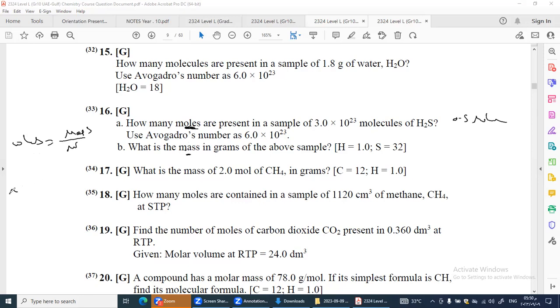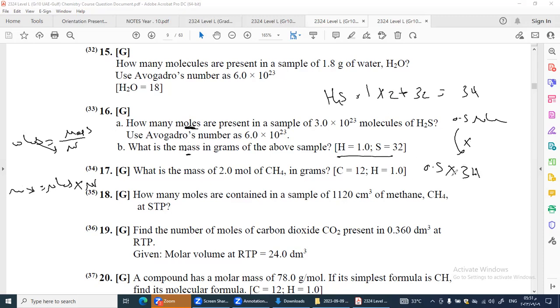So mass is equal to 0.5 moles multiplied by molar mass, H2S. H is equal to 1 multiplied by 2 plus 32 equals 34. So it is equal to 0.5 multiplied by 34, equal to 17 grams. يعني طالب هنا ايه؟ The mass.